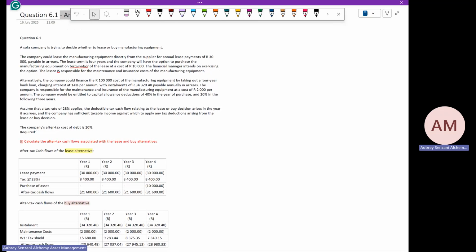Assume that a tax rate of 28% applies. The deductible tax cash flows relating to the lease and buy decision arise in the year it accrues. And the company has sufficient taxable income against which to apply the tax deductions.